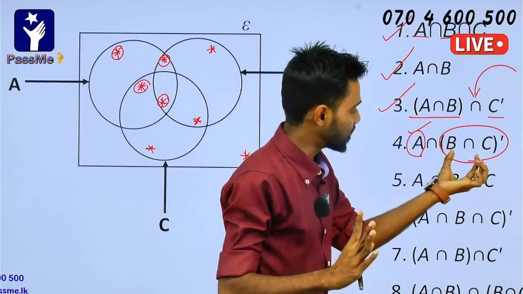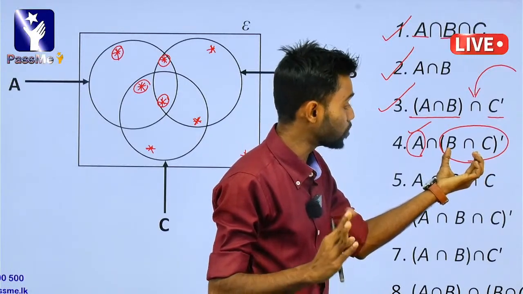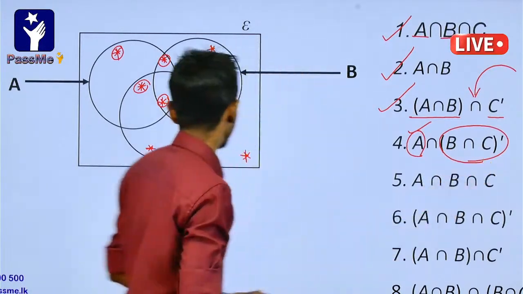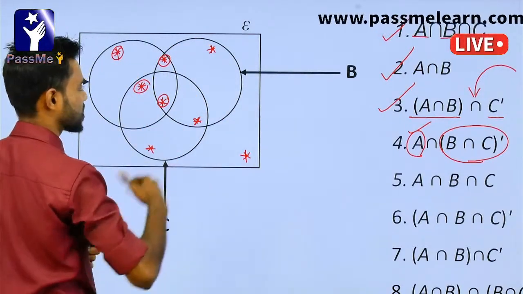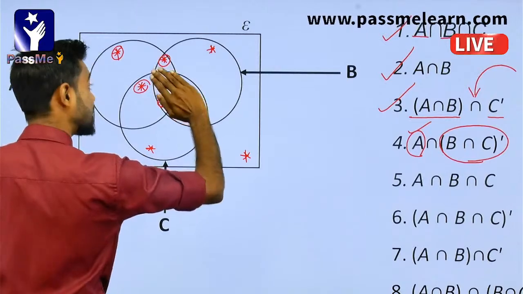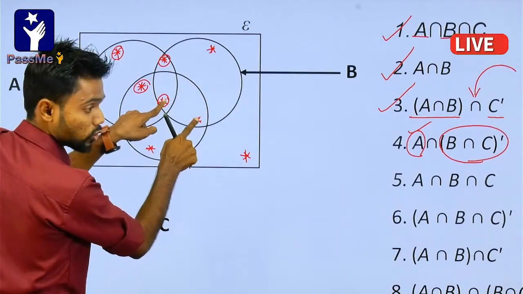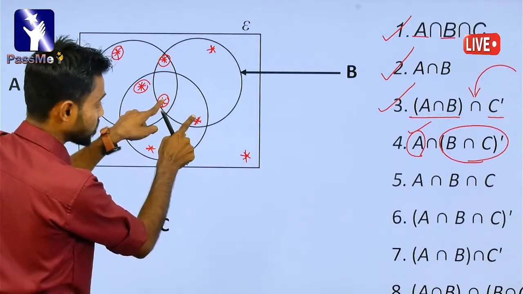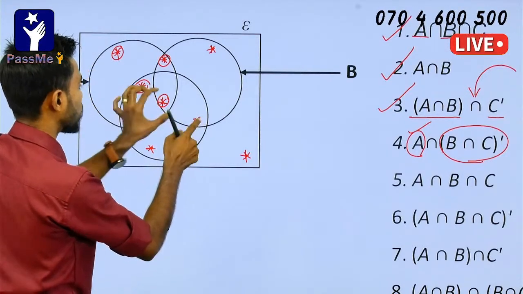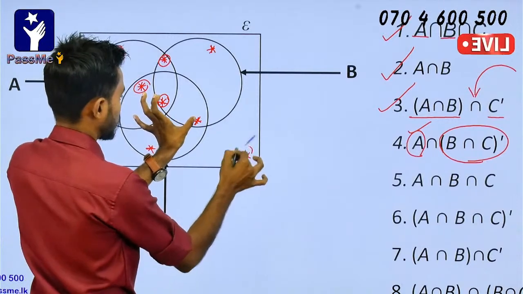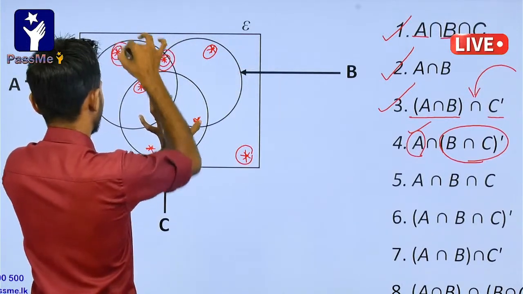Before taking the dash into consideration, we want to look at B intersect C. B intersect means common, no? B intersect C means this one. Dash means not for these two. Without these 2 stars, you have to circle all the others, right? All the others, without these 2.